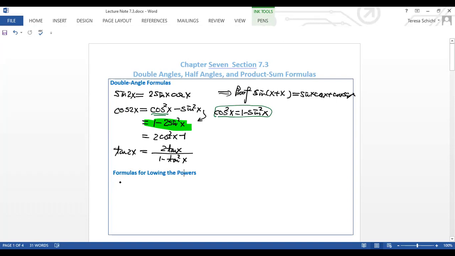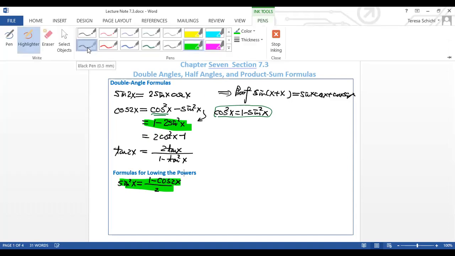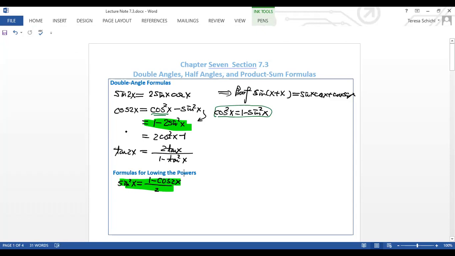So sine squared x is equal to, you move things over and divide by 2, 1 minus cosine 2x over 2. Did you see that? Let me color code that. From the double angle, you can change that. We call this lowering the powers.